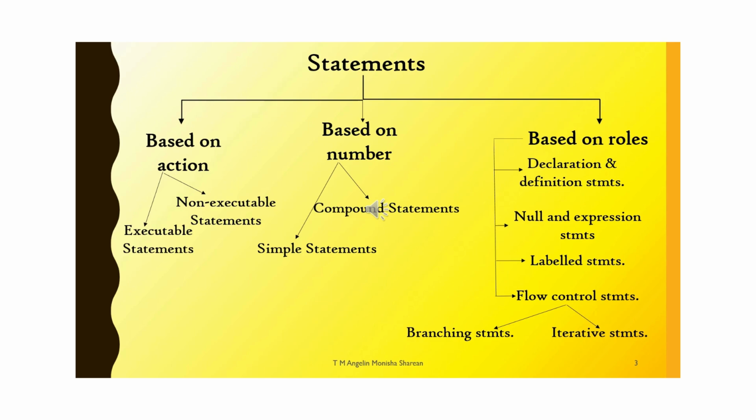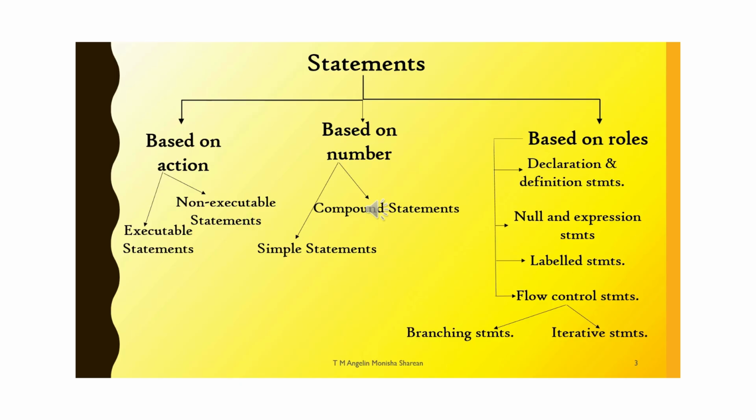Statements in C can be classified into three different criteria. One is based upon action, second is based upon number, and third is based on roles. Based on actions, they can be further classified into executable statements and non-executable statements.